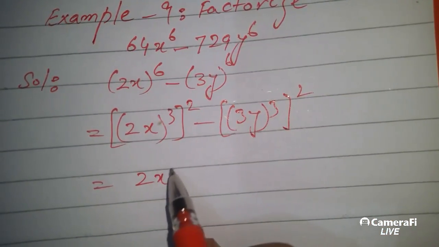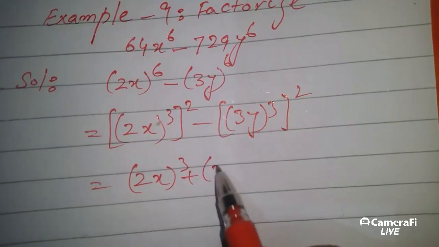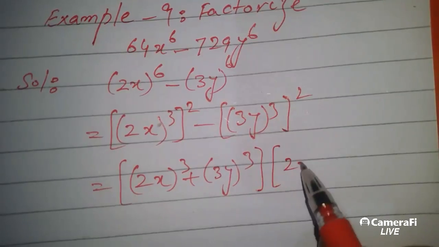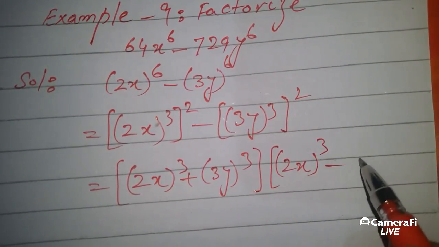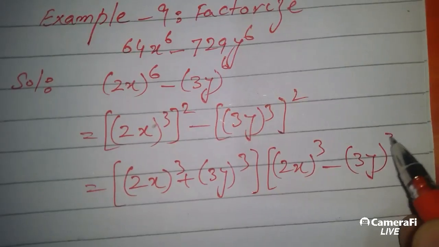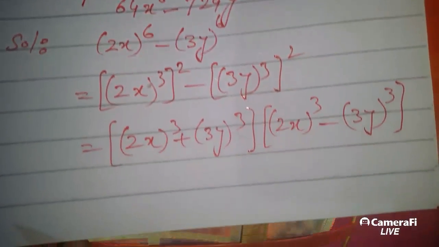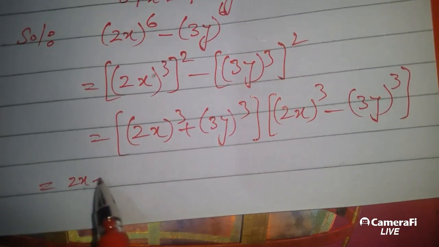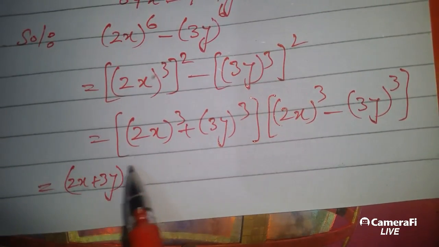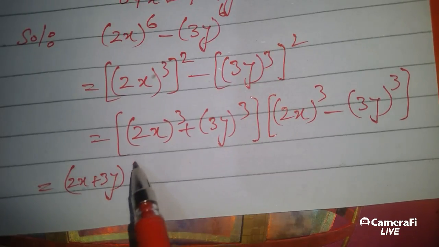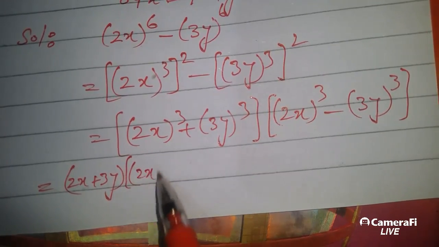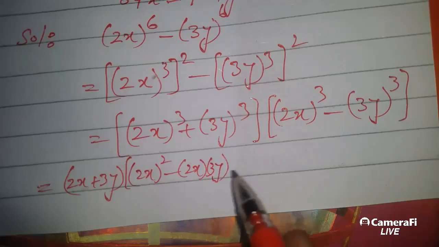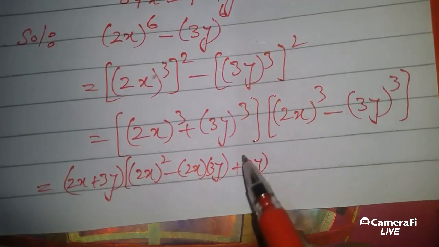Here we can write these terms with a plus sign and with a minus sign like this, and then just apply the cubic formula. 2x plus 3y and first term square minus first term into second term plus second term square.